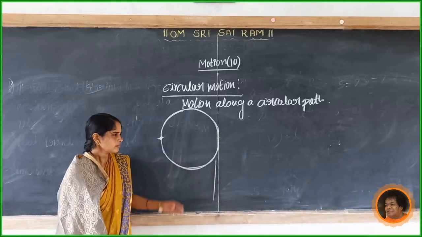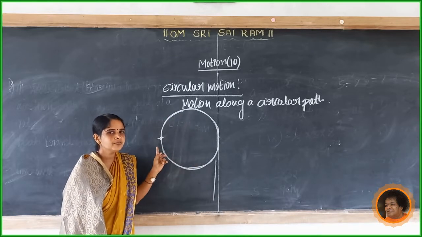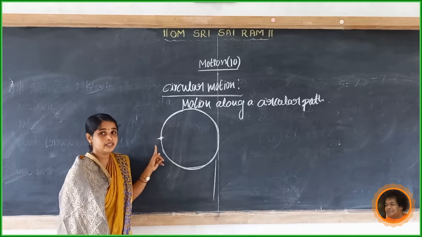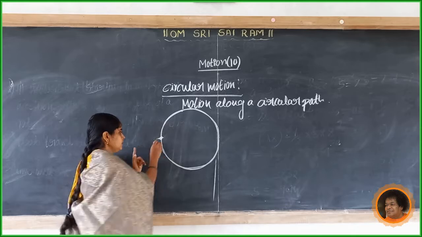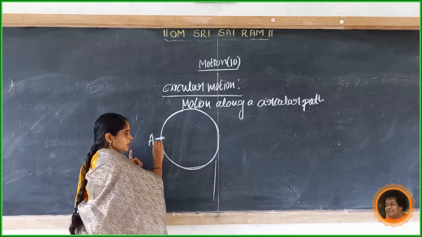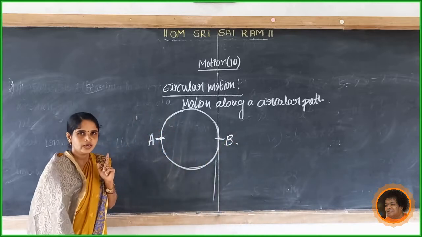Consider, here is a circle. That means here is a circular path. And if an object is at position A and here is a position B. Okay.